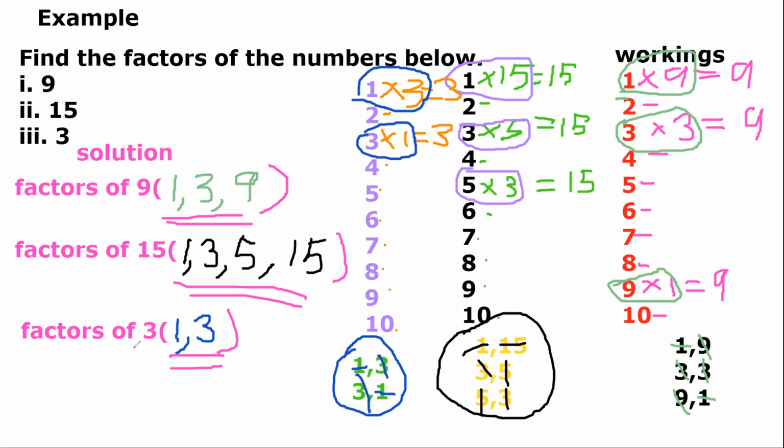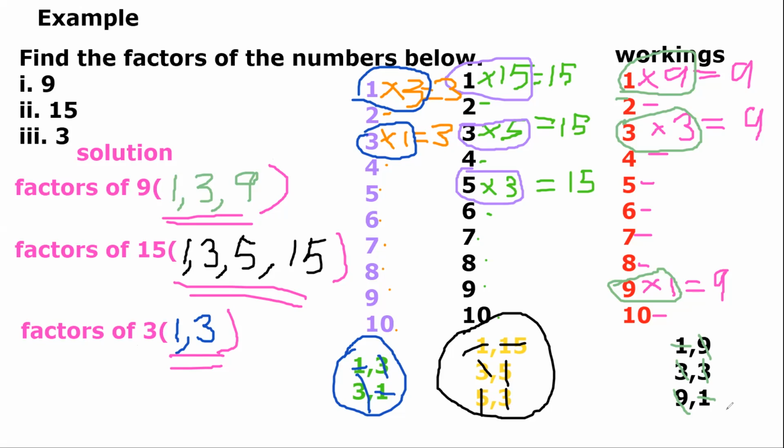Every number is a factor of itself, and 3 is in the factors of 3. Then factors have a definite end, and 1 and 3 are the only two numbers that can divide 3 equally. Aside from that, you will not get any number that can divide 3 equally. Good. Now let's move on.